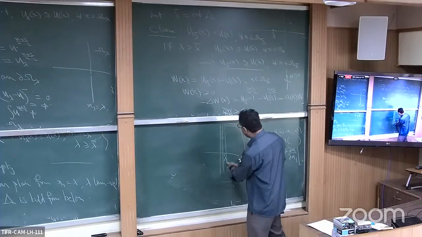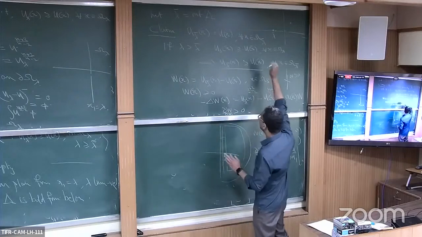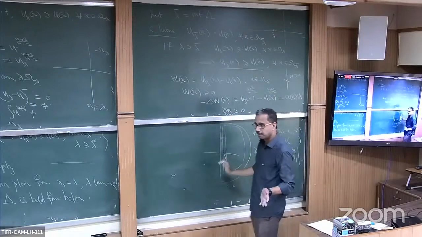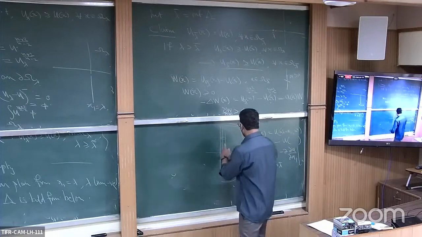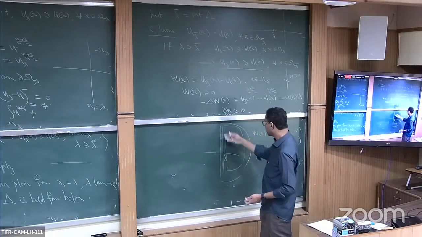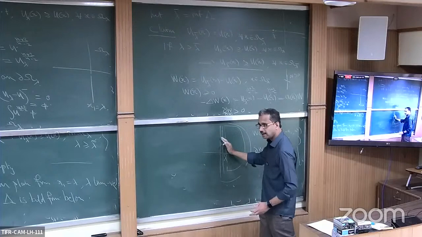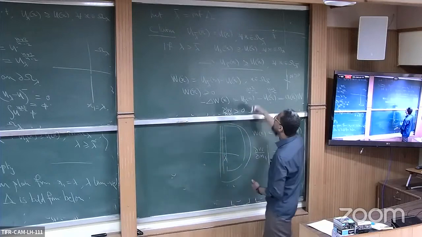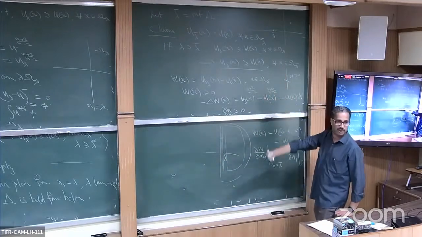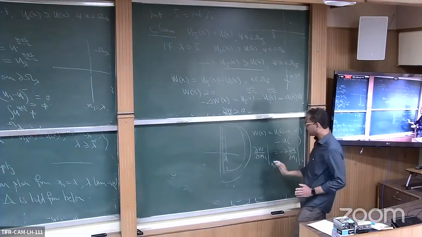Okay, and in the other regions, you can use the Sobolev inequality and you can basically manage. Okay, so you use the positivity here, and this is basically coming from the strong maximum principle. At infinity, you manage it with this kind of integrability over here. Okay? And that way you can prove it.